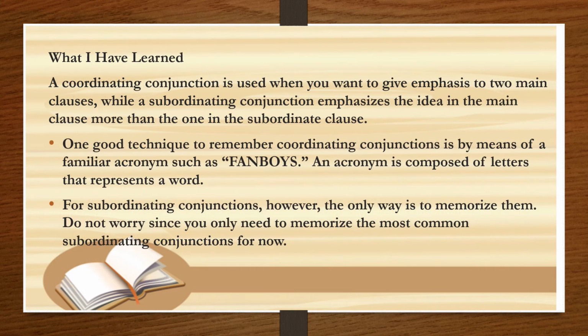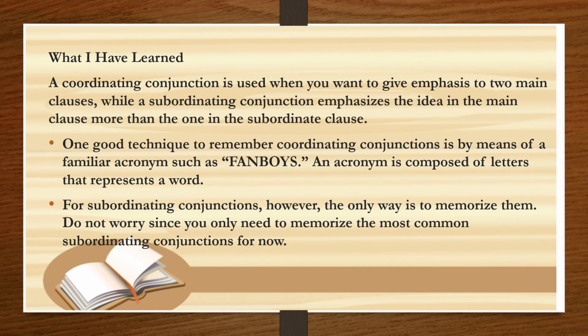What you have learned. Always remember that the conjunctions play an important role in the communication process. Without them, we cannot compose ideas into sentences coherently and clearly. They serve as a bridge between clauses and phrases to essentially make the sentences meaningful and logical.